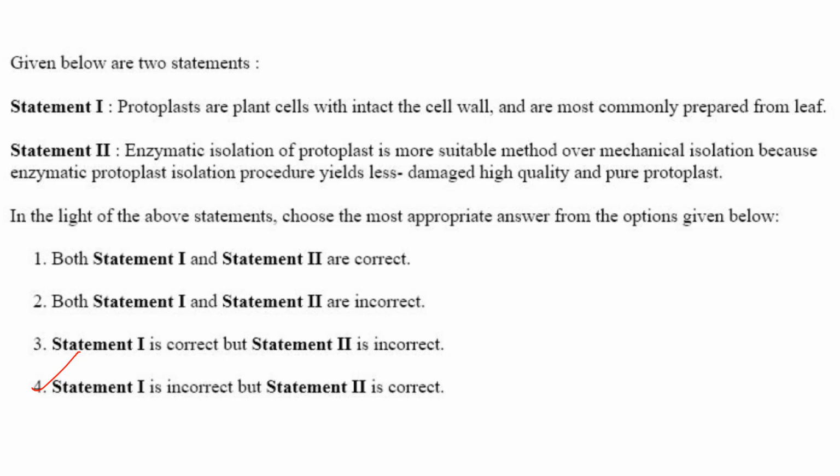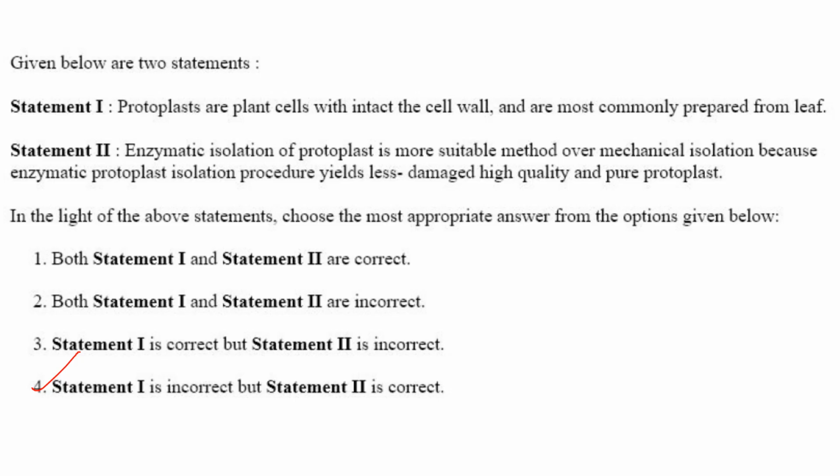Next one. There are two statements. One is right, or the other is right, or both are right. You have to find out which one. Statement 1: Protoplasts are plant cells with intact cell wall. No, they are plant cells with their cell walls completely removed and are most commonly prepared from leaf. Leaf mesophyll cells are usually used. Statement 2: Enzymatic isolation of protoplast is more suitable over mechanical isolation because the enzymatic procedure yields less damaged, high quality and pure protoplasts.